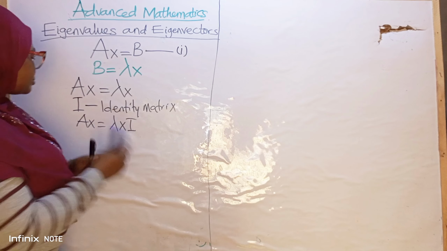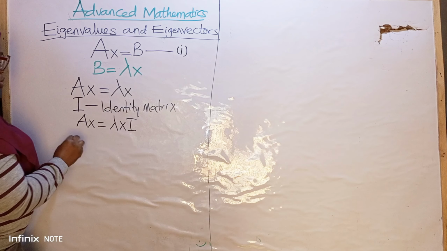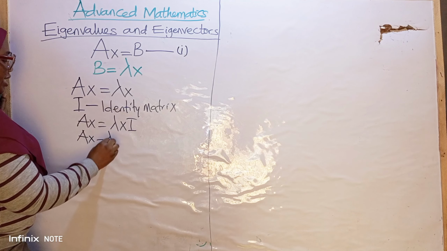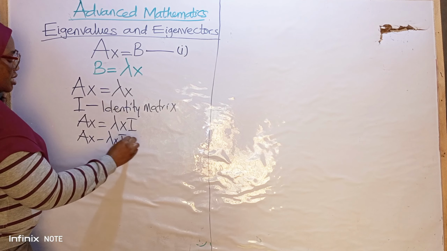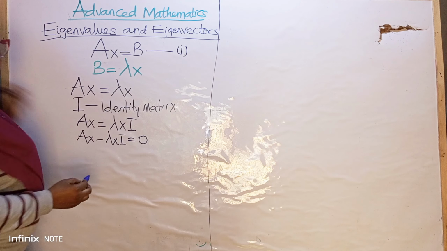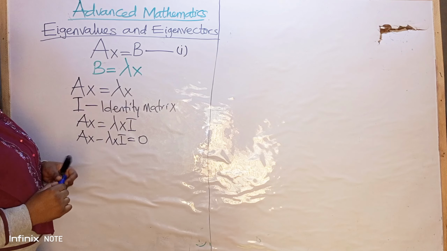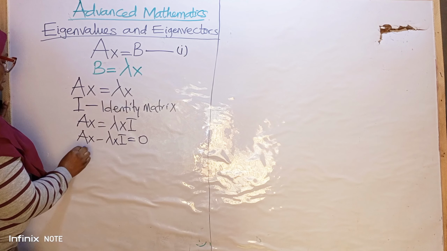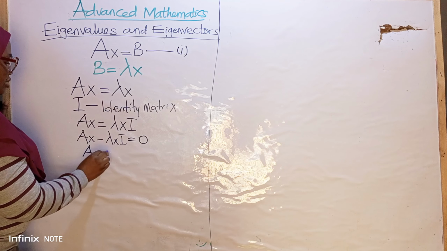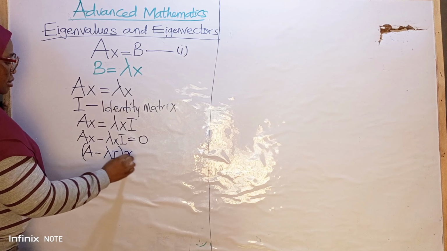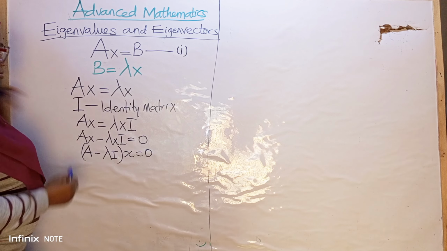So from here, we can say that AX minus lambda XI is equal to 0. There's no magic here. X is common, so let's factorize X out. So I have A minus lambda I, multiplied by X, is equal to 0.